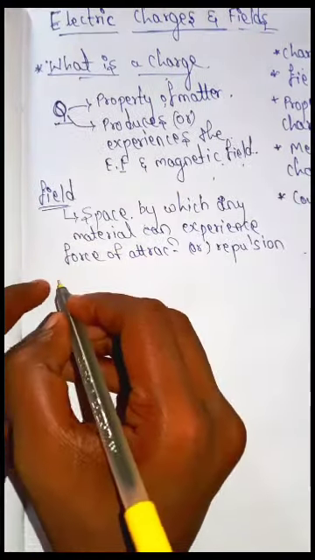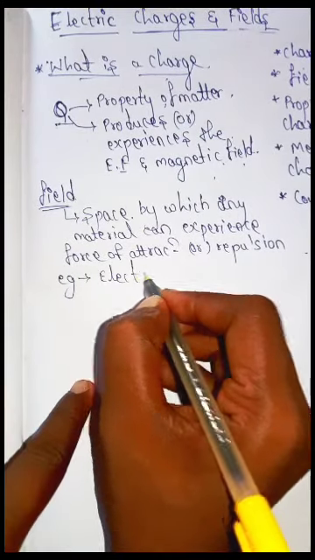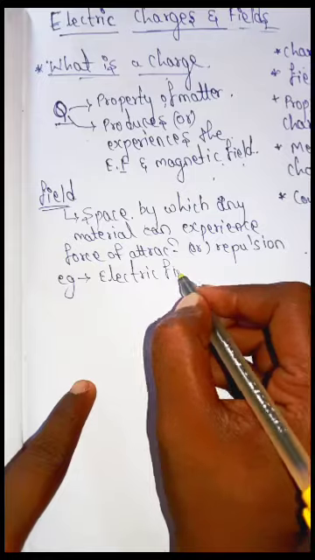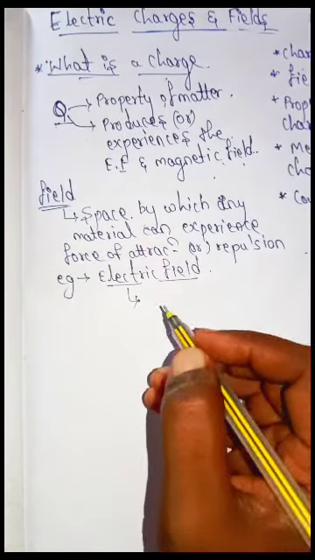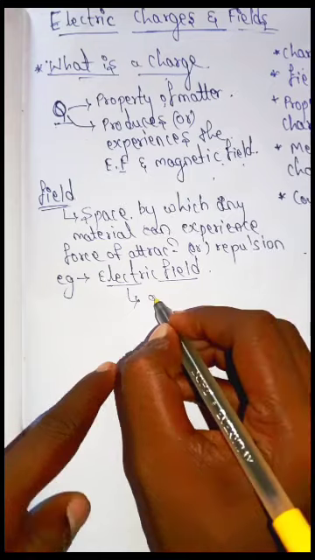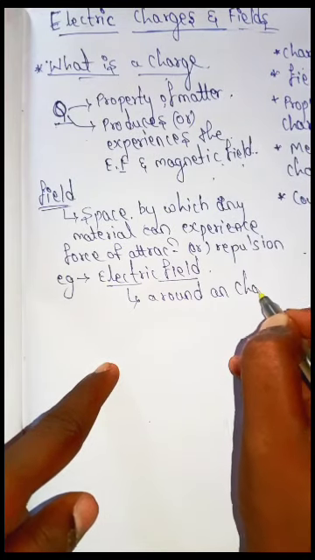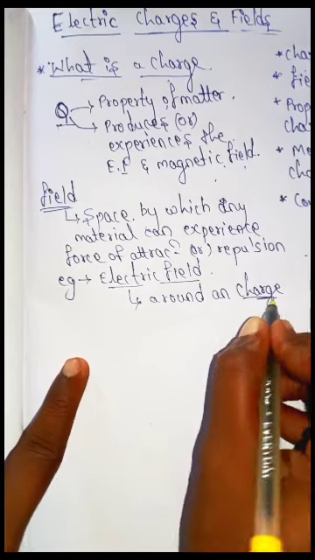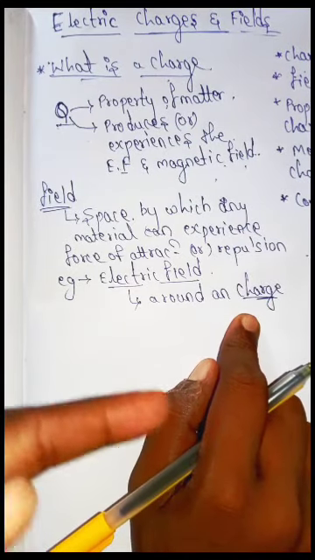For example, let us take an electric field. In an electric field, the space around a charge experiences the force of attraction or repulsion.